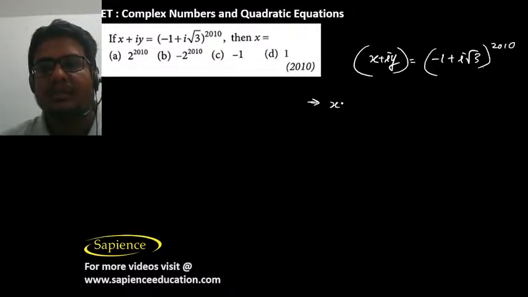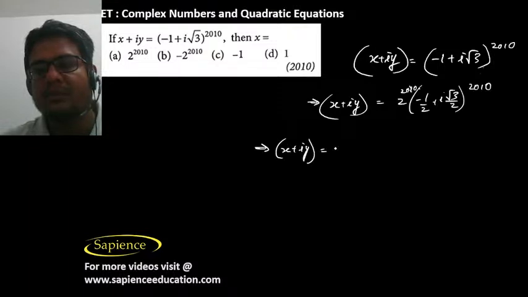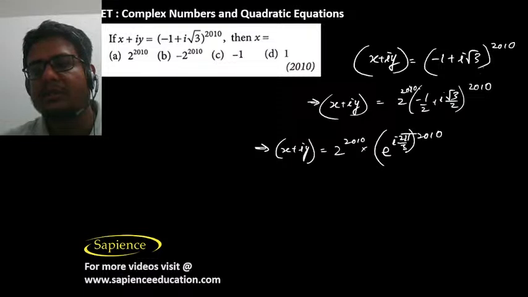So this can be written as x plus iy, from here we can take 2 as common, so 2 into (minus 1 by 2 plus i root 3 by 2) whole power 2010. So x plus iy will be equal to 2 power 2010 into (cos 2 pi by 3 plus i sin 2 pi by 3), so it is e power i 2 pi by 3 whole power 2010.